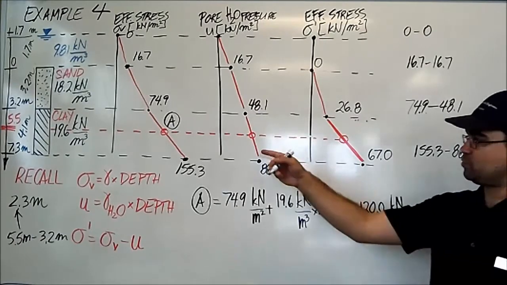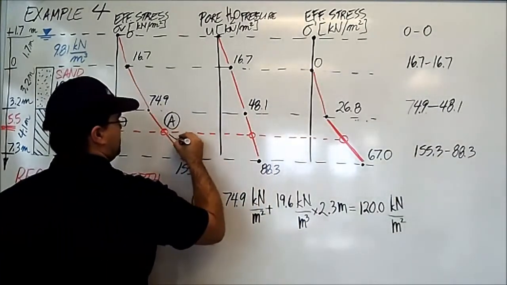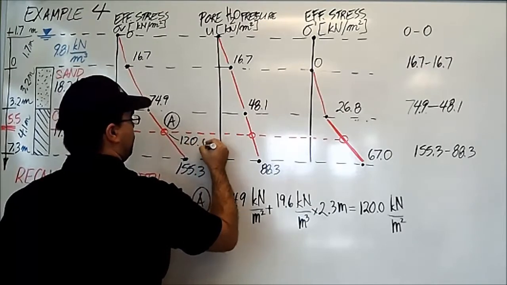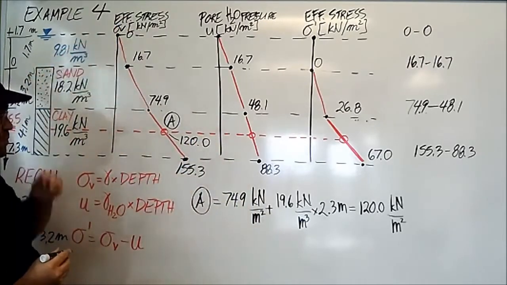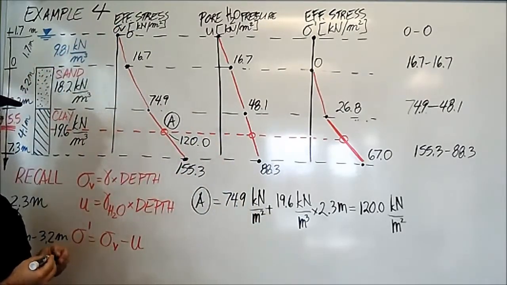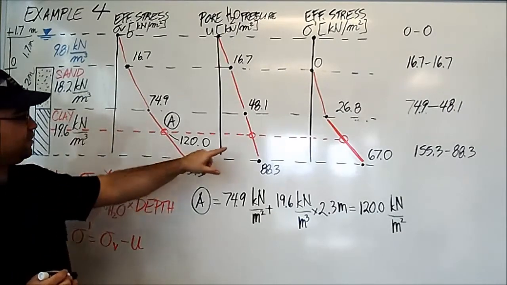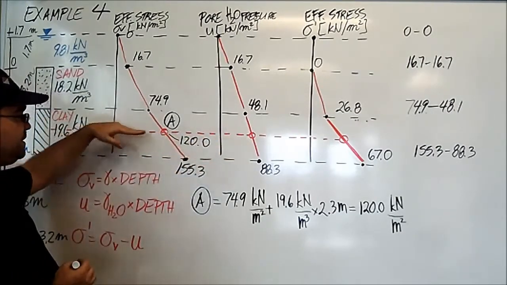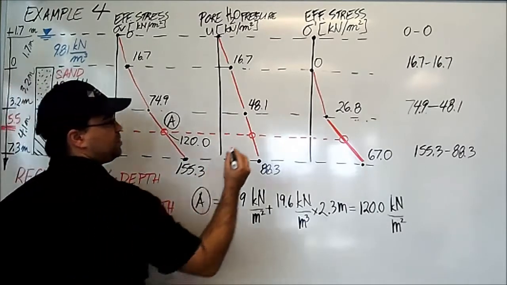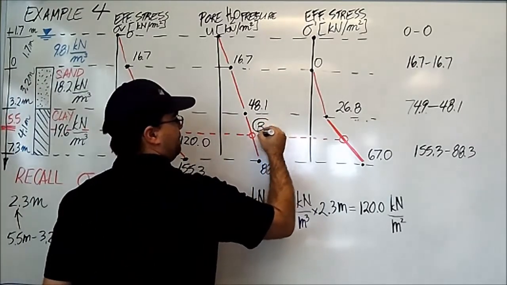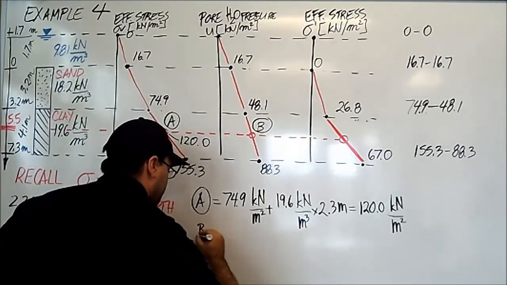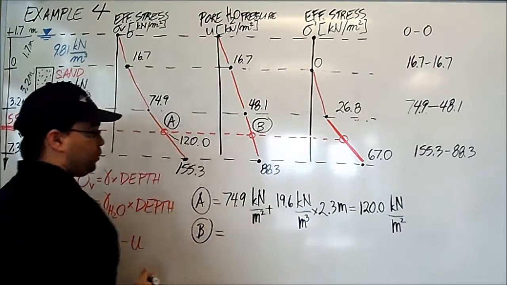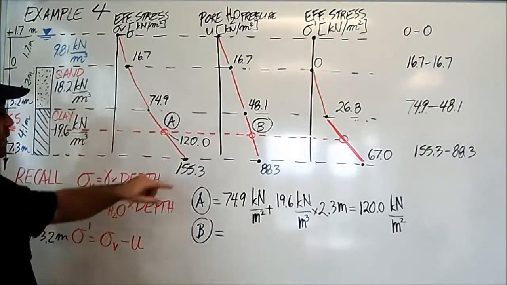So I'm just going to rewrite this over here. This here is 120.0 kilonewtons per square meter. That's what A is. Okay, let's calculate the pore water pressure at this same location. We'll call this point B. We're going to do it exactly the same way we've done it before.